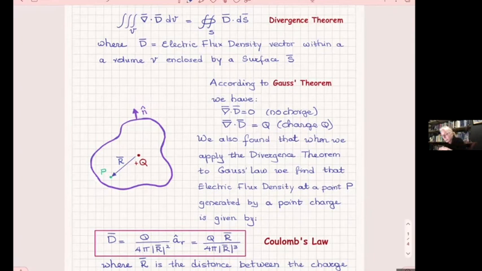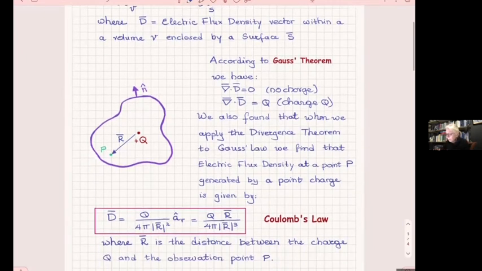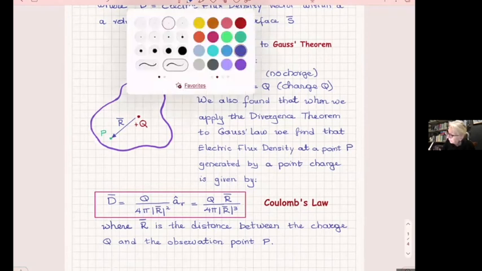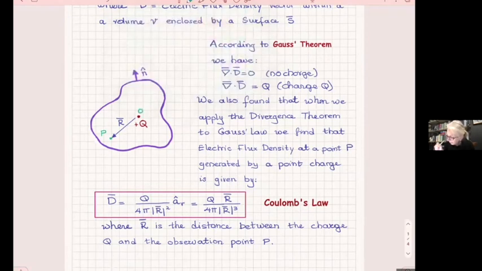If the charge is at this point, O, and I apply the divergence theorem and Gauss's law, I can find the divergence at any other point in the volume.